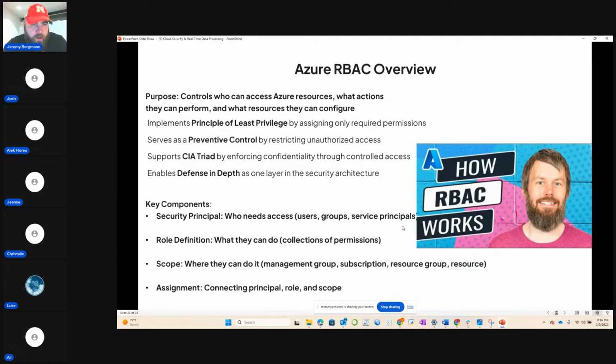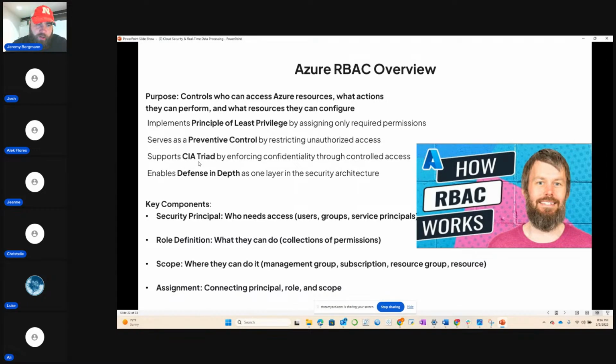If we remember our principles, these controls implement the principle of least privilege by assigning only the required permission to resources. They serve as preventative controls by restricting unauthorized access to different resources or data.